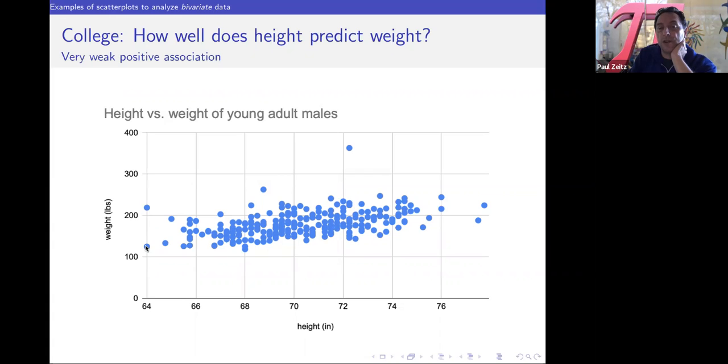They're 64 inches tall and about 120 pounds. And then here we have somebody who's about 6'1" and weighs about 375 pounds. Here we have a very tall person who's about 6'7" or so, and they also weigh about 220, 230 pounds.